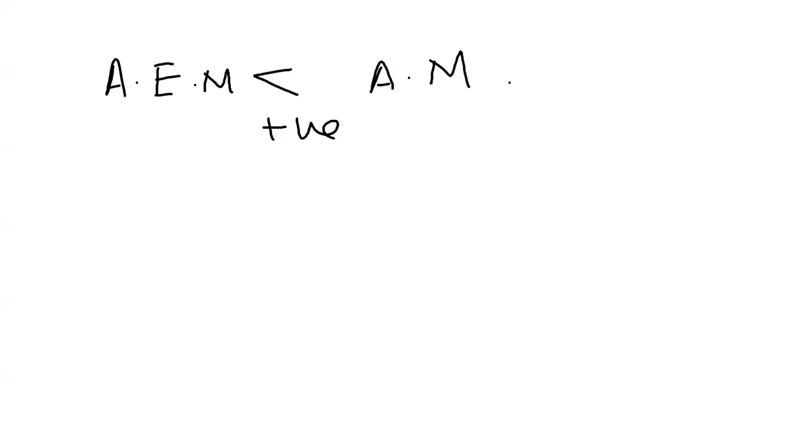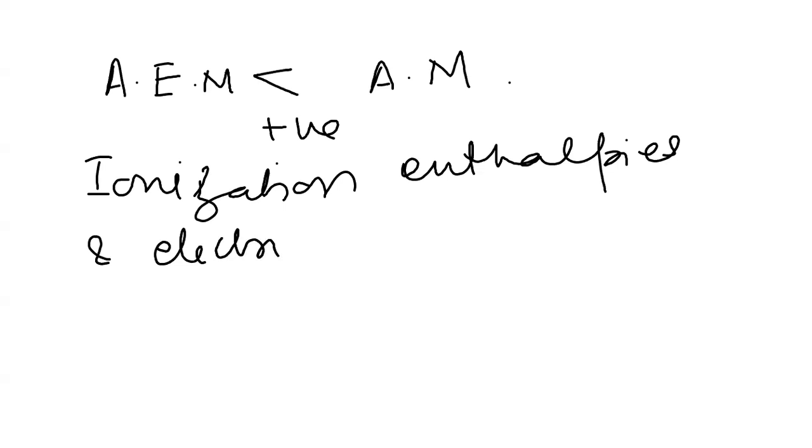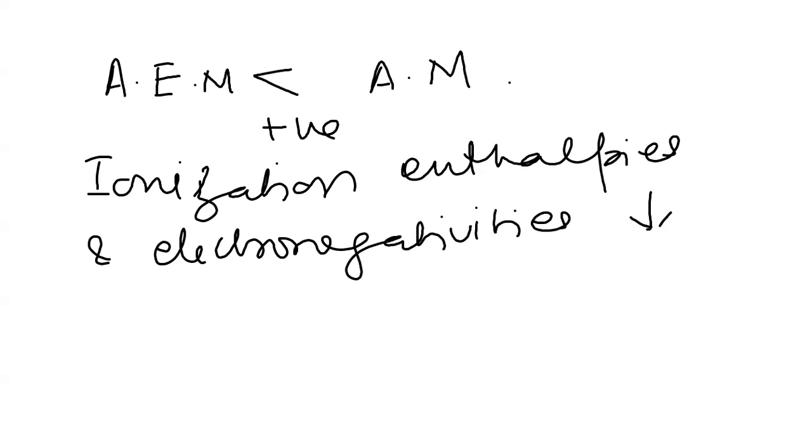Okay. And then we see the ionization enthalpies and the electronegativities. It decreases down both the groups.